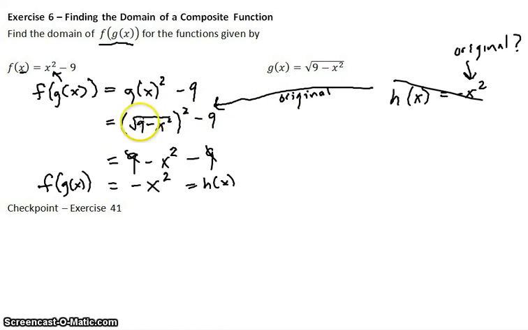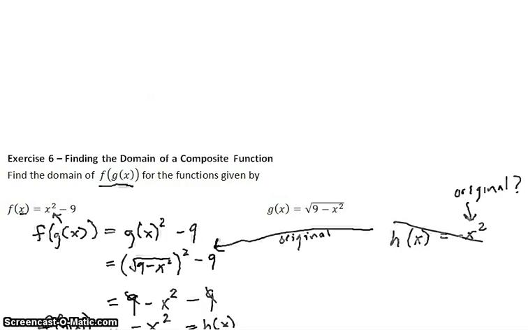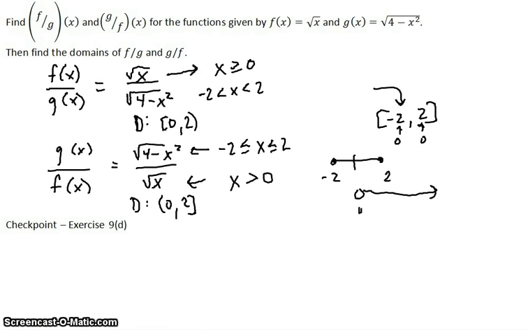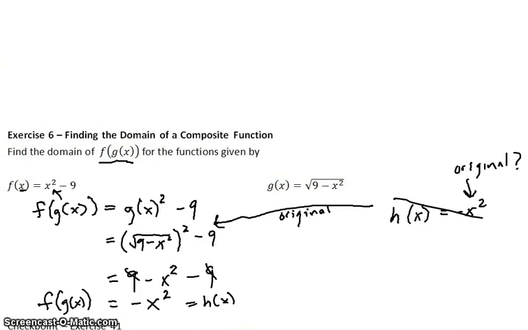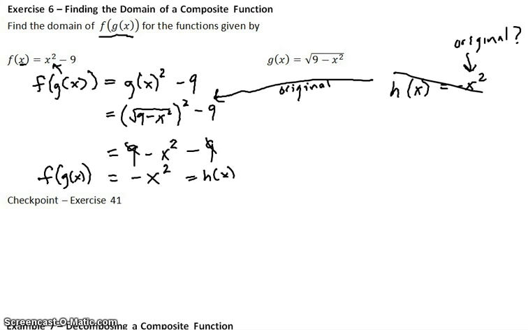Well, we have a square root here, and you can't take the square root of a negative. Just because they cancel out doesn't mean you can take the square root of a negative. So when we did this earlier, we had 4 minus x squared. It was between negative 2 and positive 2. With this one, the square root of 9 minus x squared, it's going to be from -3 to +3 that we can plug numbers in.